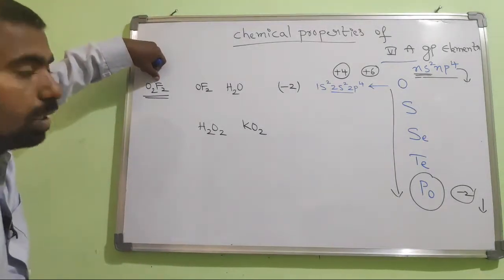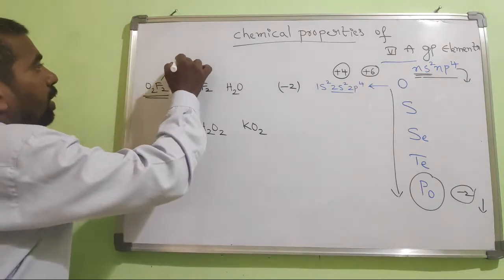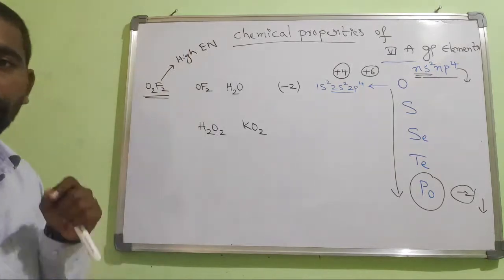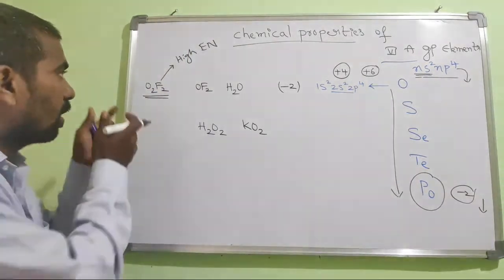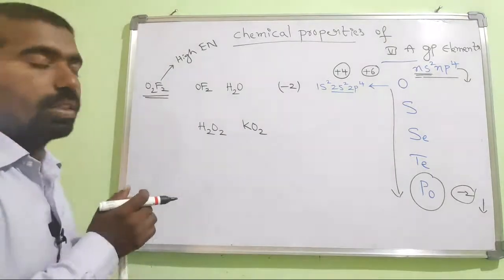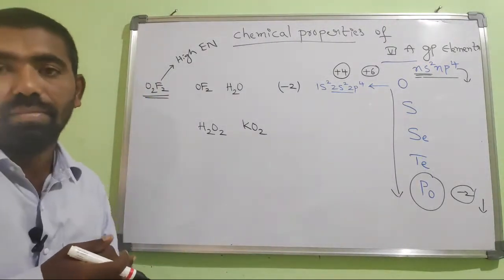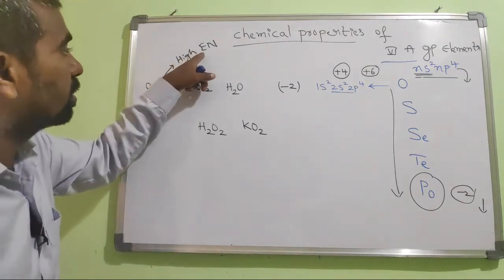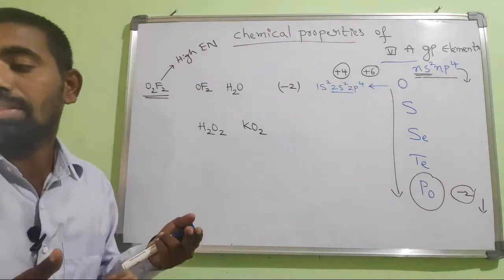Fluorine has very high electronegativity, more than oxygen. So fluorine accepts the electron density from the oxygen, and due to this character, fluorine exhibits a negative oxidation state.